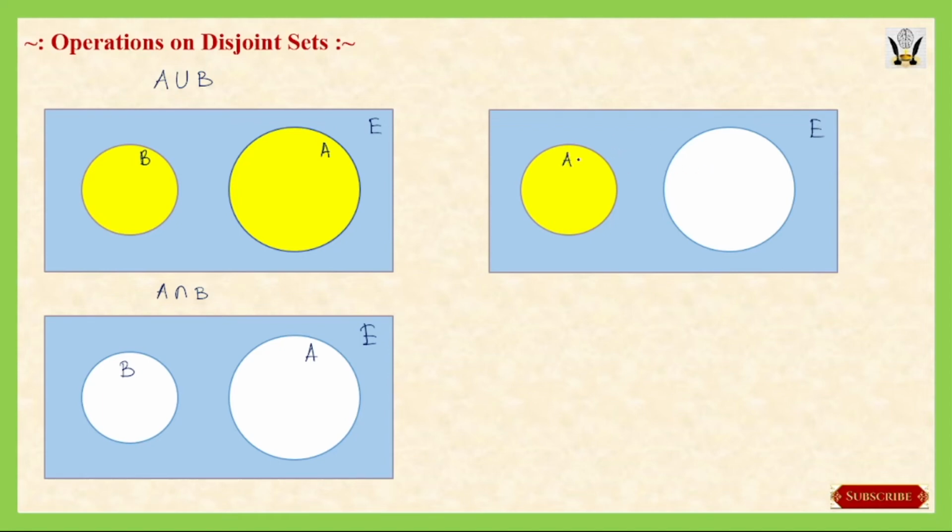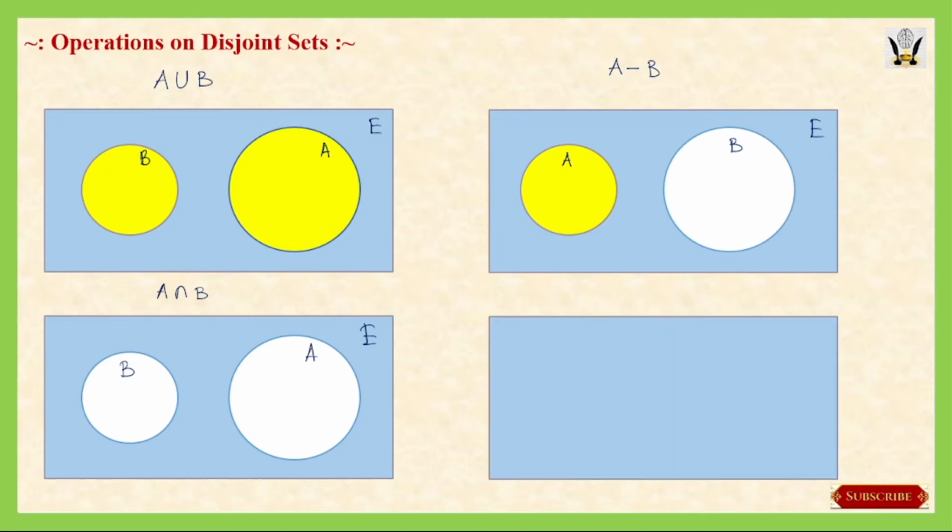This time this will be our set A, and this will be our set B. Here first we are performing the difference operation between A and B. The difference operation between A and B here means we will consider all the elements of A which don't belong to B, and since they are disjoint sets, all the elements of set A will be the result of the difference operation.